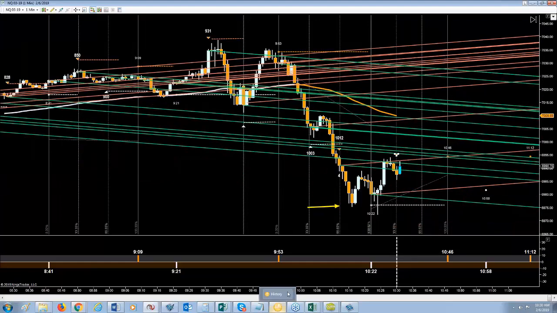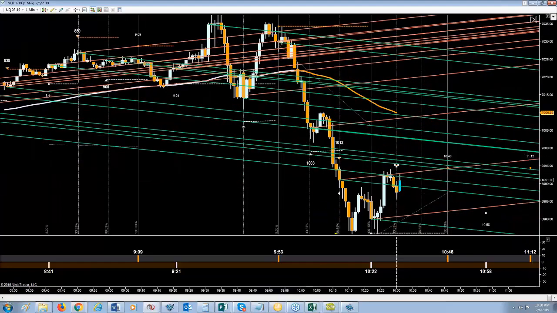Anybody see my rectangle anywhere? I'll just redraw it.